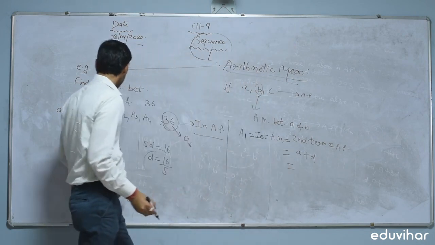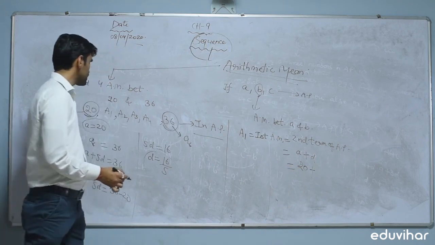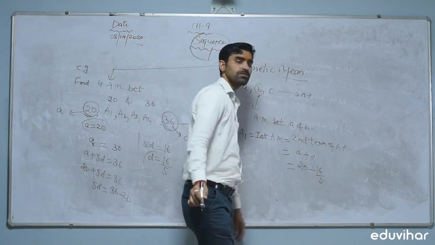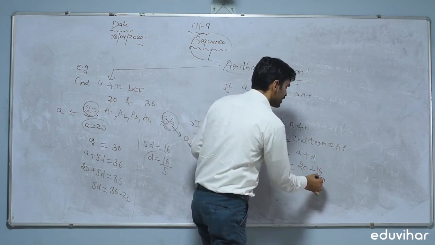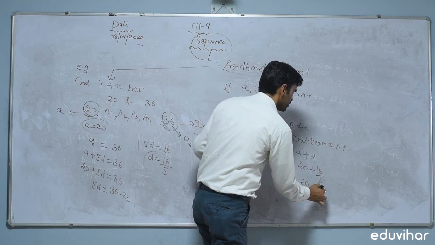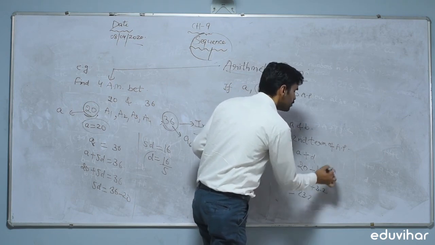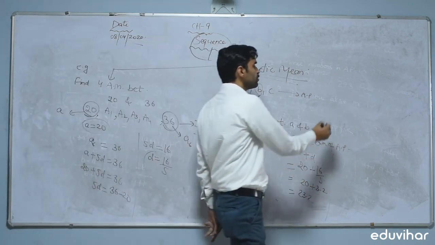Here the value of a is 20 and the value of d is 16 upon 5. So we come out with 20 plus 16 upon 5. 5 3s are 15, 5 2s are 10. That is 23.2.